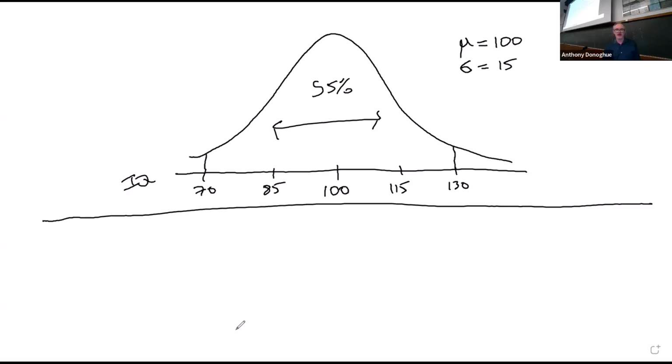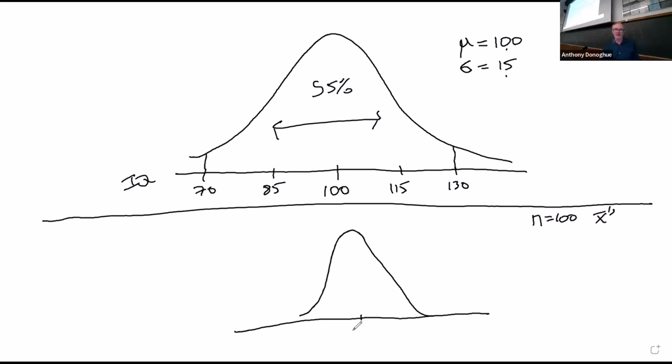Through simulations, we found that if you take a population of values, IQ values in this case, with this mean and this standard deviation, and you take a sample size of, say, 100 (don't confuse that 100 with this 100; this is the sample size you take), the distribution of all the sample means you could calculate, if you repeatedly took samples of size 100, would be centered at the population mean of 100. It will take on the shape of the normal distribution.